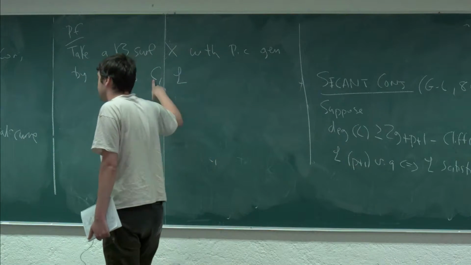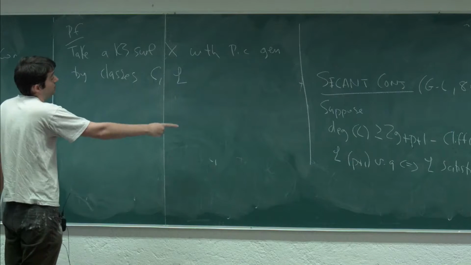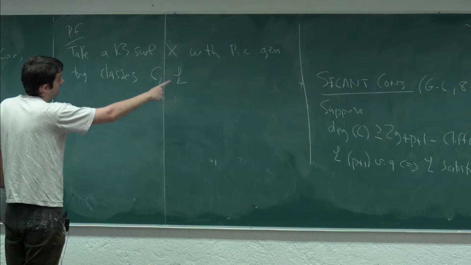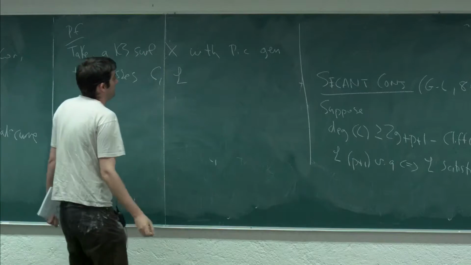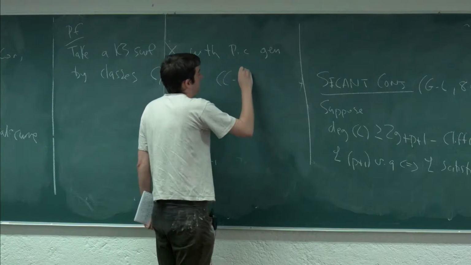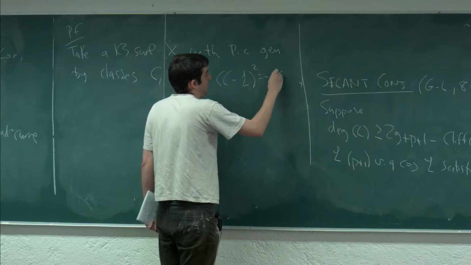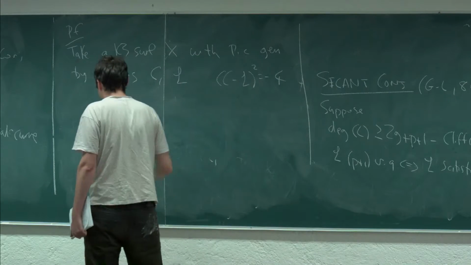We know that C should be genus g, which determines the intersection of C with itself. The only thing left to determine is the intersection between C and L. And for various reasons, we set this to be -4. This is forced on us.